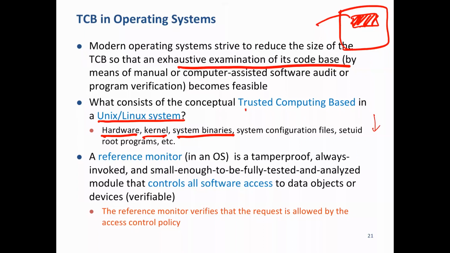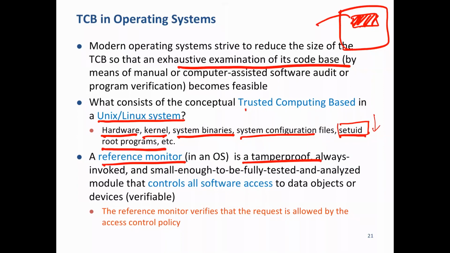So all this should be absolutely trusted. Configuration files, set UID, I don't think you will know what set UID is, but anyway, we'll study that later. Root programs, etc. Okay. Now, part of that OS, we call it the reference monitor, which is tamper proof, right?